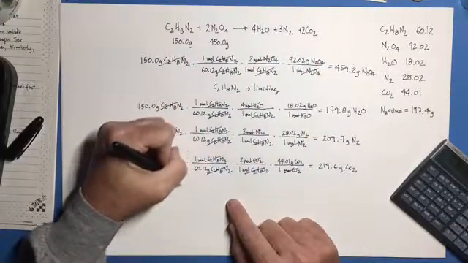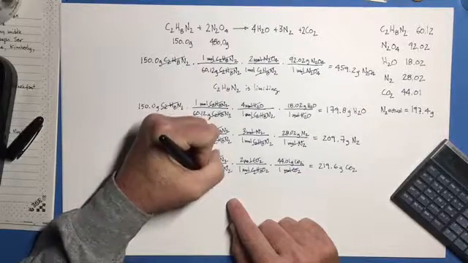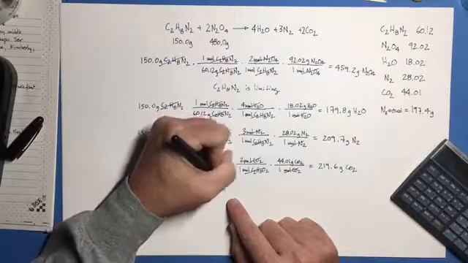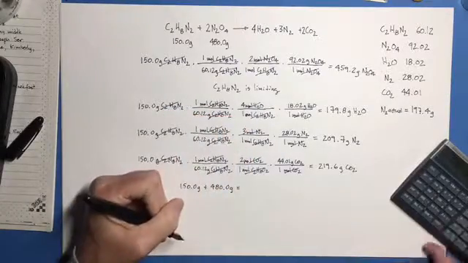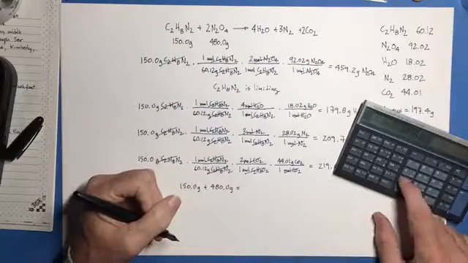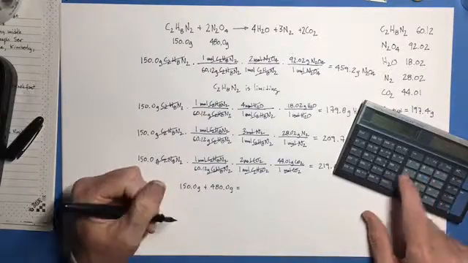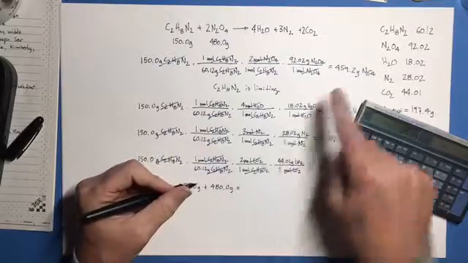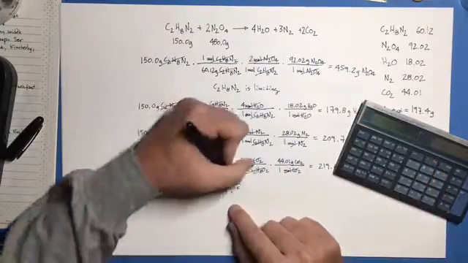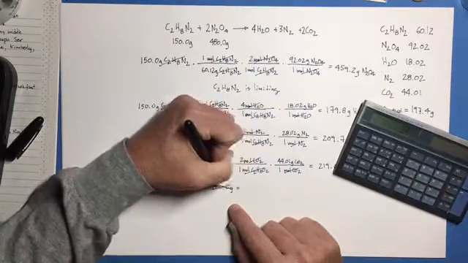Is it true that 150.0 grams plus 480.0 grams equals... oh, I'm sorry, I shouldn't be using 480. I didn't use 480, did I? I used 459. Yay, Madre de Dios.